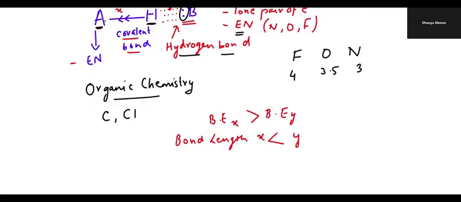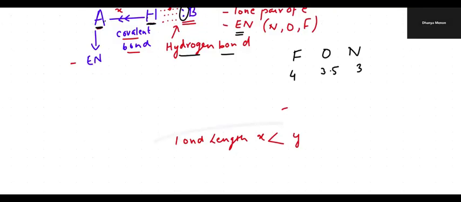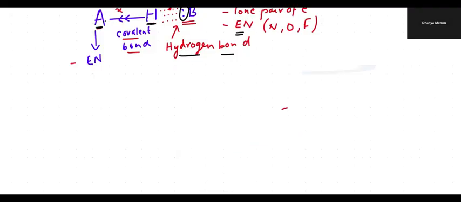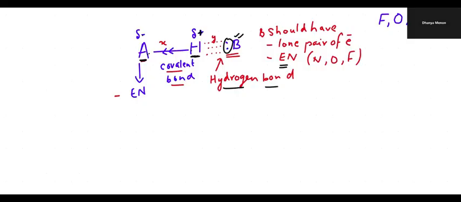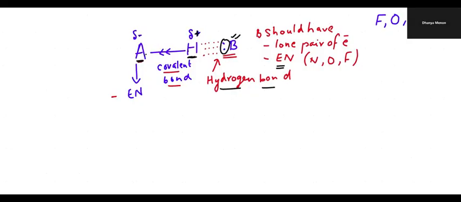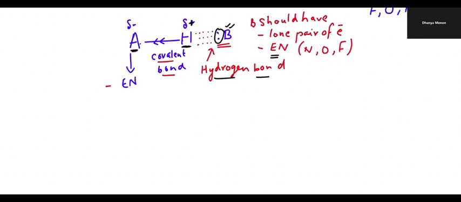Now students, moving on further. Keeping this like this. So X and Y I'm just removing. Now, if I have a question where A is bonded to hydrogen with a covalent bond and A is highly electronegative, it will pull the electron pairs towards itself.